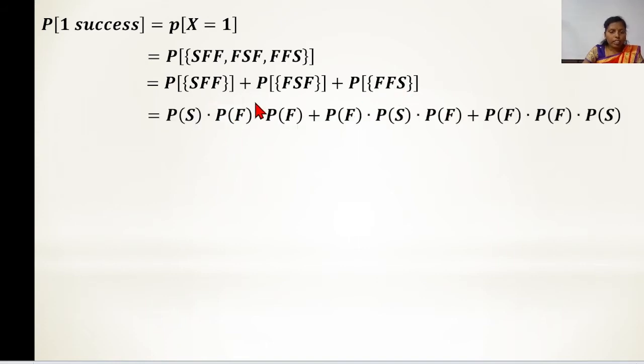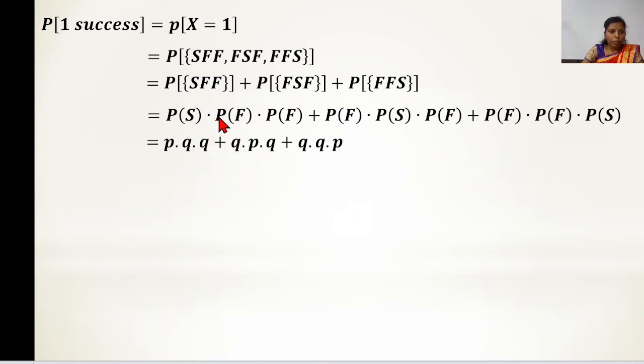Here the trials are independent, so we can separate the probability. Therefore, P of S into P of F into P of F, plus P of F into P of S into P of F, plus P of F into P of F into P of S. That is equal to, where the probability of success is P and the probability of failure is Q.